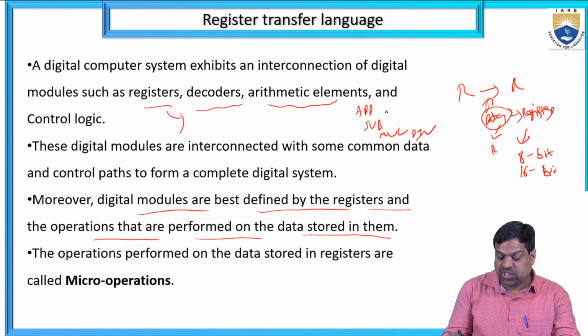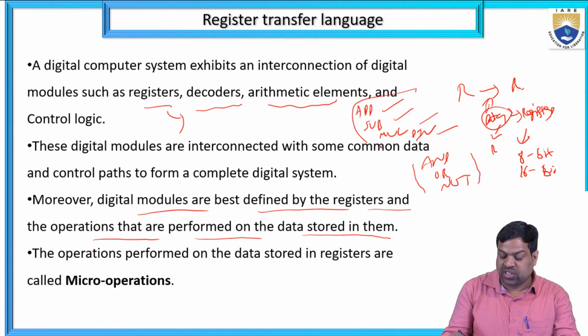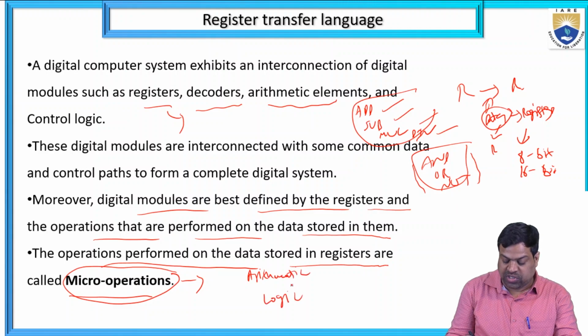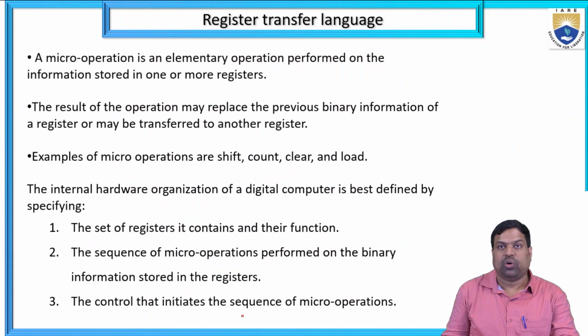Operations like add, sub, mul, division, OR operation, NOT operation are the arithmetic and logic operations performed on the data stored in the registers, and they are called micro operations. So micro operations are nothing but arithmetic and logic operations.